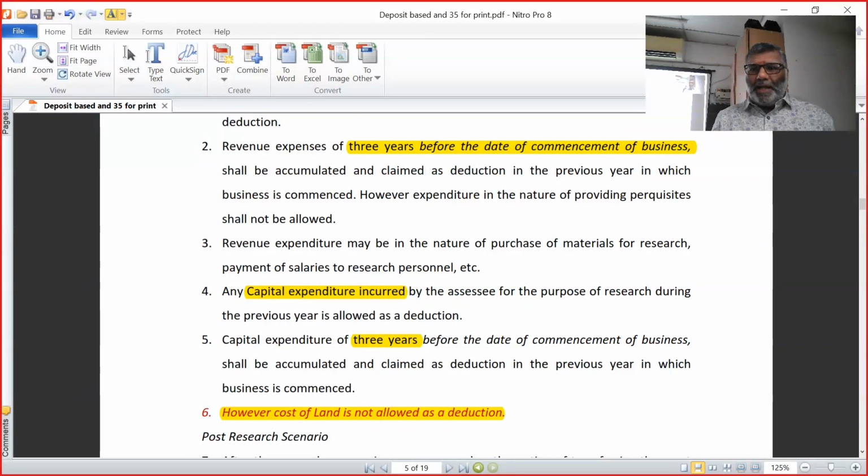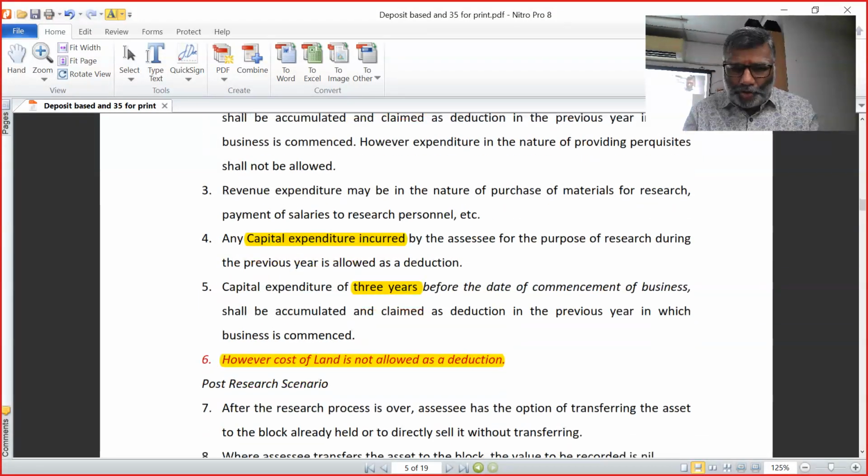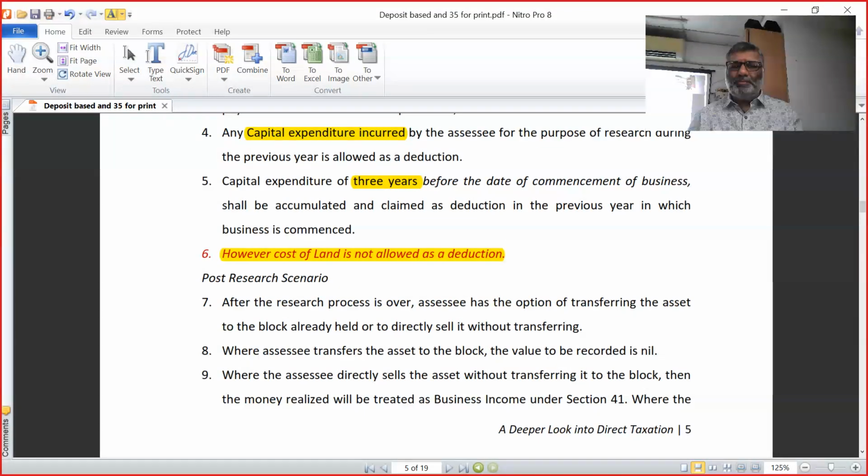So, repeating, my dear friends, page number 15, last class. There are two options available to me post the utilization. After the research process is over, the assessee has the option of transferring the asset to the block or directly selling it.